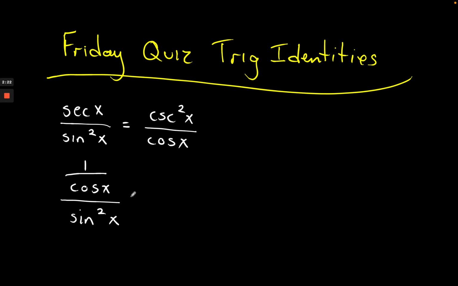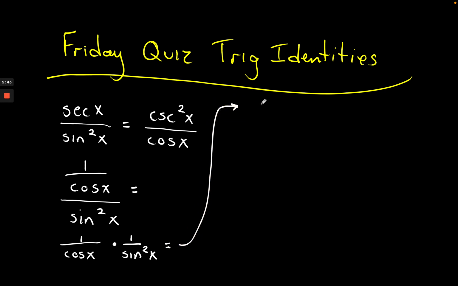So working with one side at a time, I'm going to rewrite this as 1 over cosine x times 1 over sine squared x. So right now I have 1 over cosine x times 1 over sine squared x, and that equals, at least we hope it equals, cosecant squared x over cosine x.